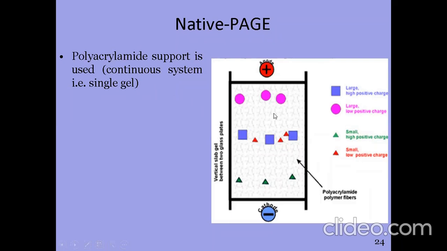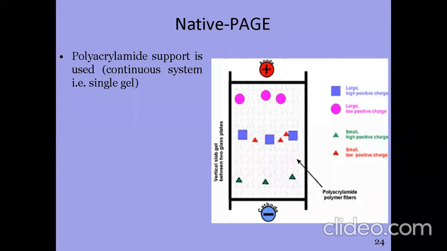So these are large positively charged macromolecules, moving slowly. And here are large, highly positively charged molecules. Since the positive charge is more, they will move faster.